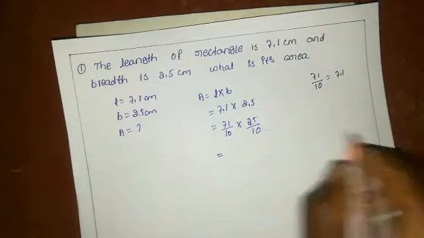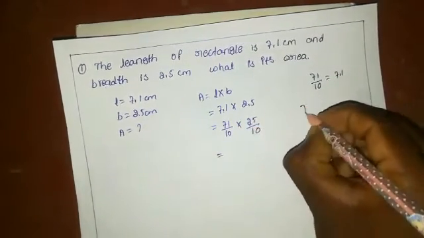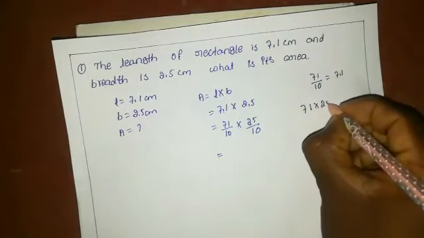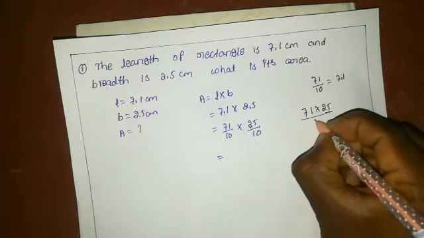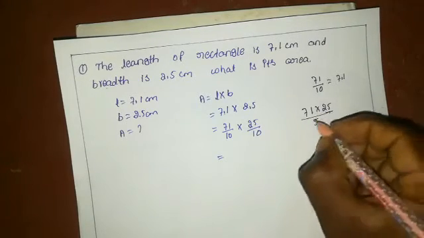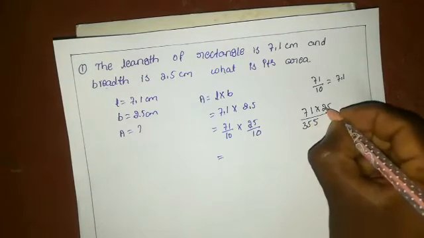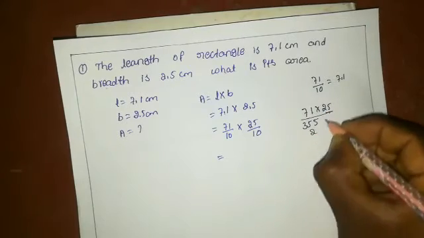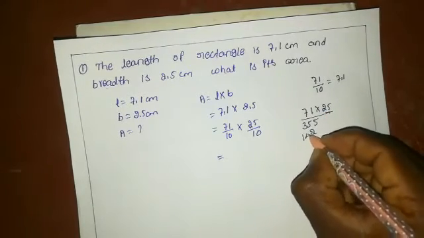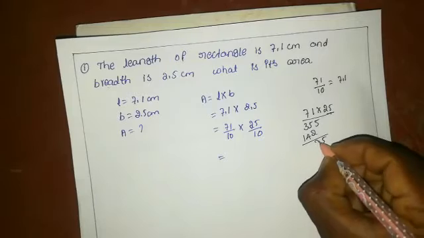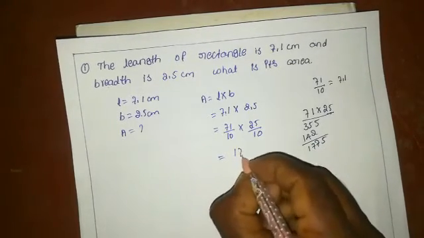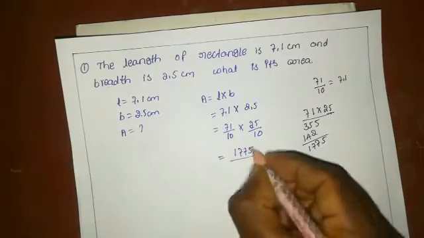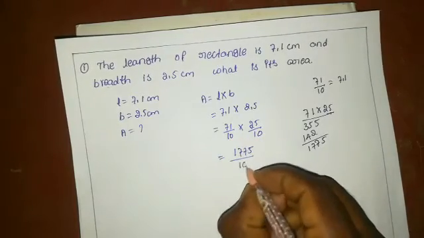In the numerators we have 71 into 25, we have to multiply these two. 5 1s are 5, 5 7s are 35. Then 2 1s are 2, 2 7s are 14. So 1775, divided by 10 into 10, how much? 100.